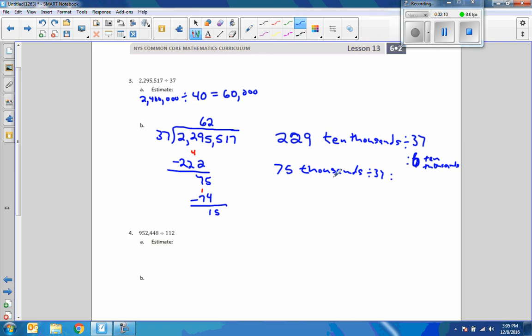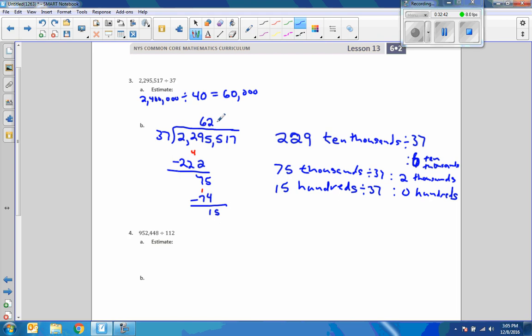Okay, so 75 thousandths divided by 37. That was 2 thousandths. Now I have 15 hundredths. I brought down the 5 and got 15. Divided by 37, well, it's too small, so I'm going to get 0 hundredths.